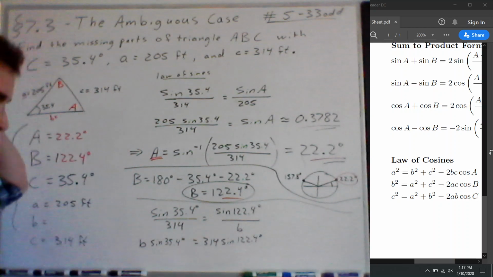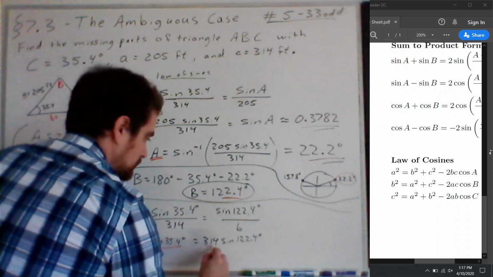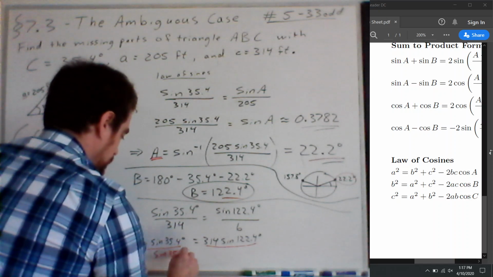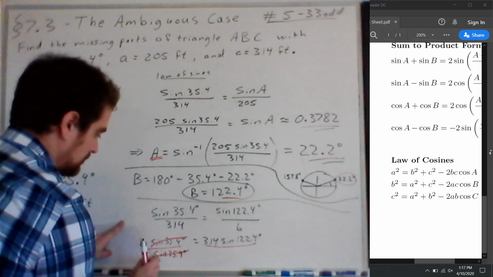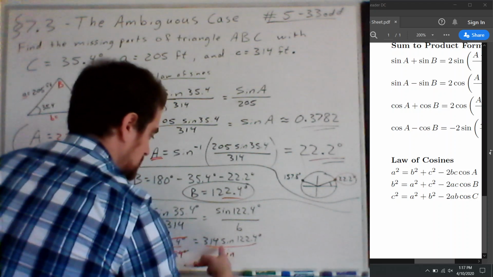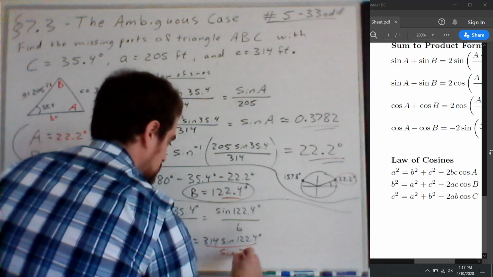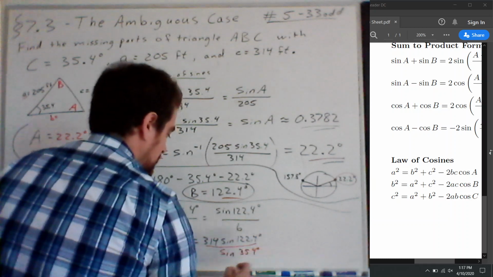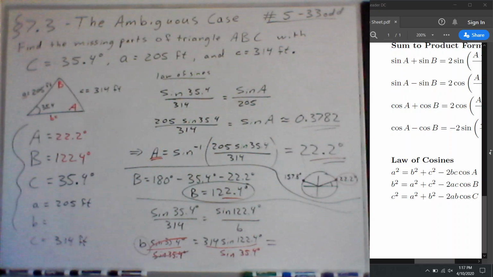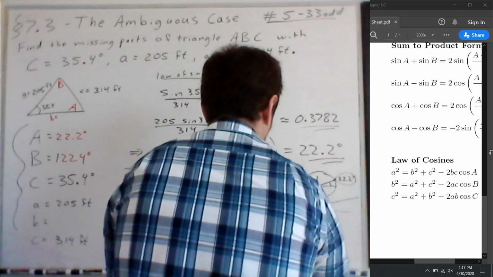So b times sine 35.4 is equal to 314 sine of 122.4, where we'll divide by sine of 35.4 degrees to get b equal to 314 times sine of 122.4 degrees divided by sine of 35.4 degrees, which, using some significant figures, rounds to 458.